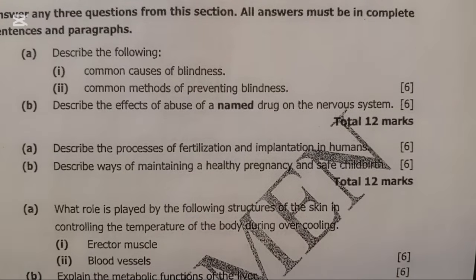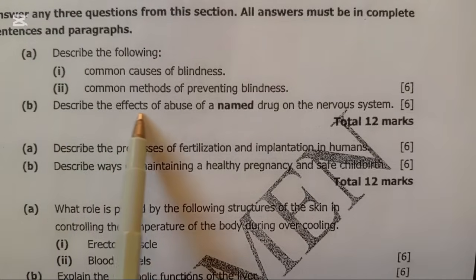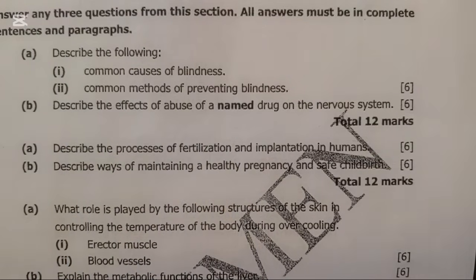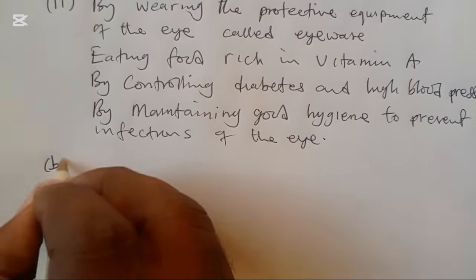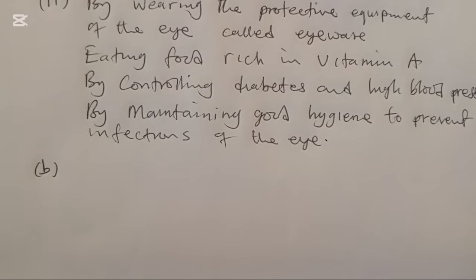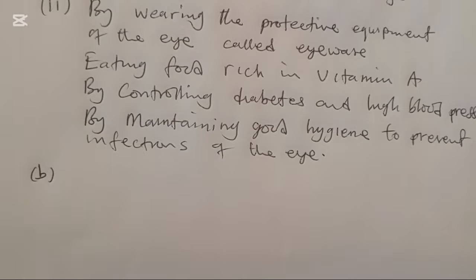But B, describe the effects of abuse of a named drug on the nervous system. So the named drug we can name alcohol. So what about alcohol? So alcohol, the effect of alcohol on the nervous system, number one, it causes the loss of coordination. Number two, slowing down transmission of nerve impulses. So this, it slows down the reactions to stimulus.